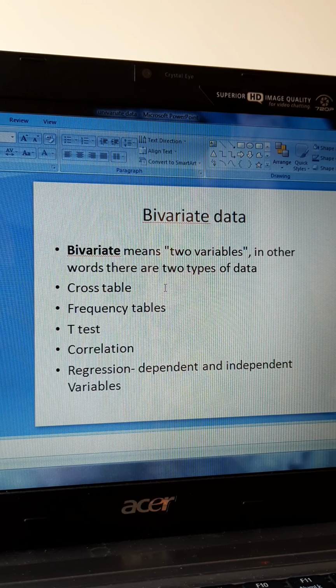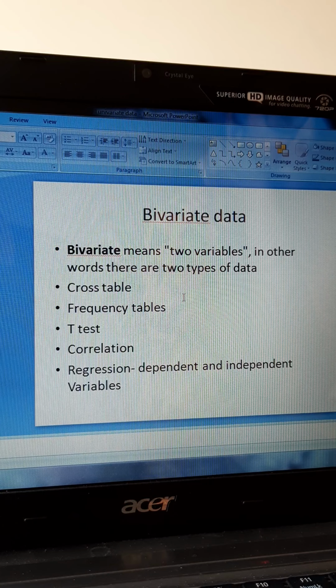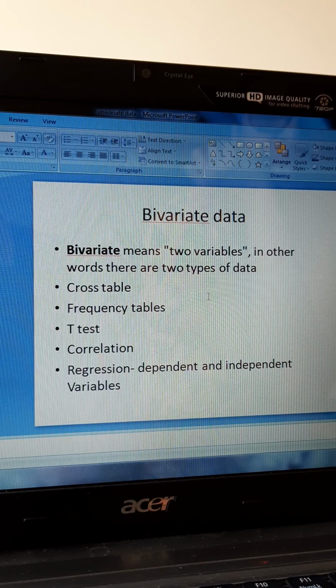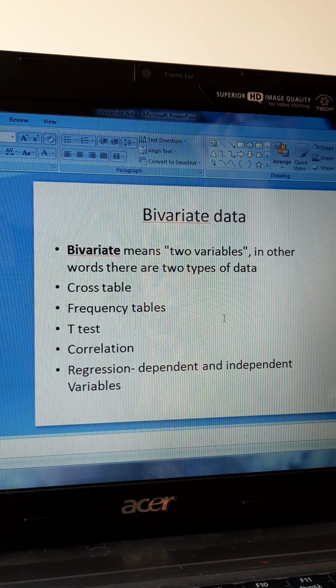Okay, announcement of quarterly or half-yearly results and the stock market price or the company's price. Okay, like this you can study two variables.